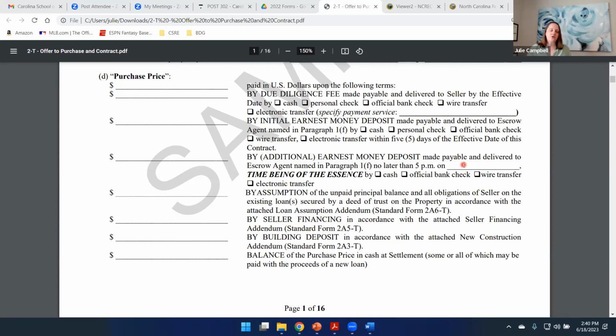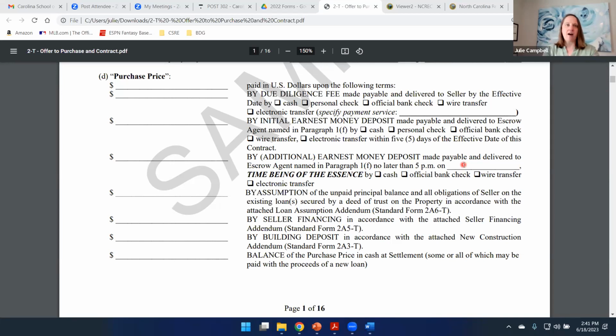Here's the deal with initial versus additional. Understand, they're both earnest money. It's just how the parties agree that the buyer is going to deposit it with the escrow agent. Sometimes we can make agreements. Maybe I offer you initial earnest money and the seller says, no, I want more. And the buyer says, I'm okay with that, but I don't have it right now. I get paid in 2 weeks.